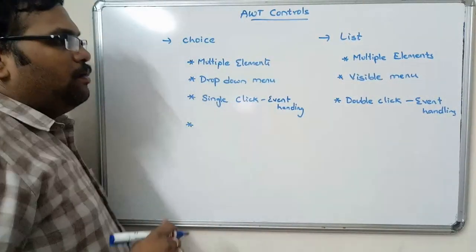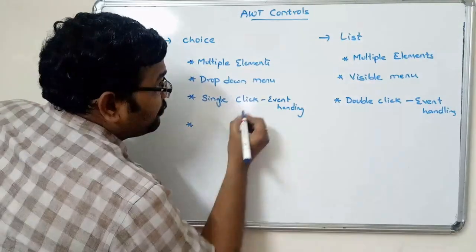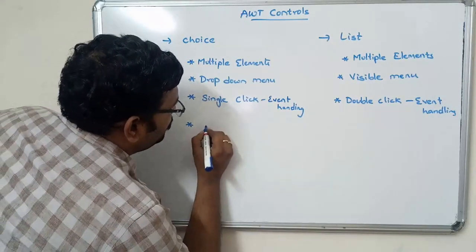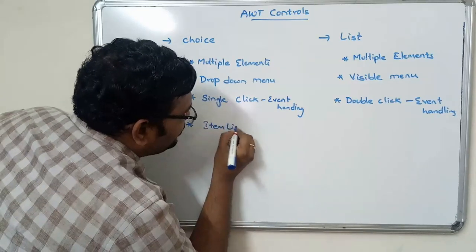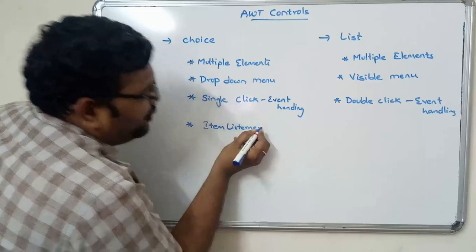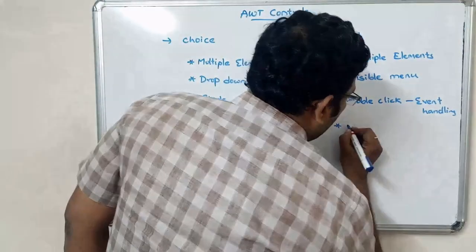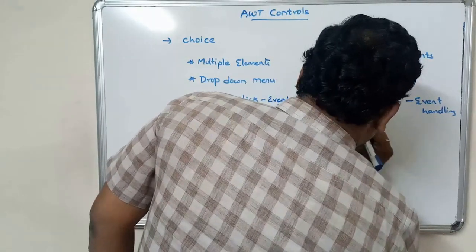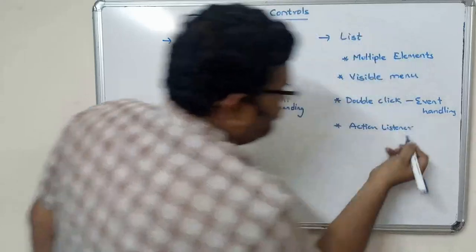Whenever the event occurs, for choice the item listener interface will handle the events, and for list the action listener interface.